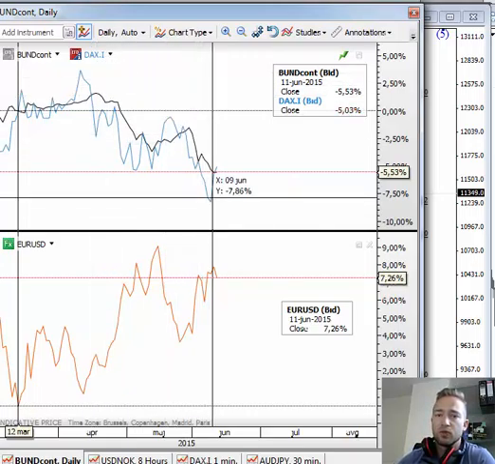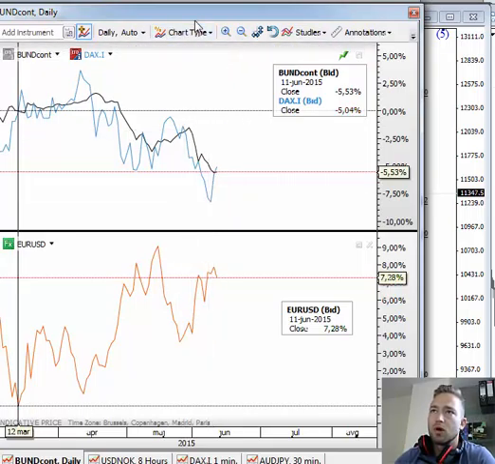So if we think that this will change now, if we think that DAX will bounce, then Bund should also recover while euro dollar will fall. The most important thing to me is the wave structure, and I think that it can be changing something because of yesterday's price action.